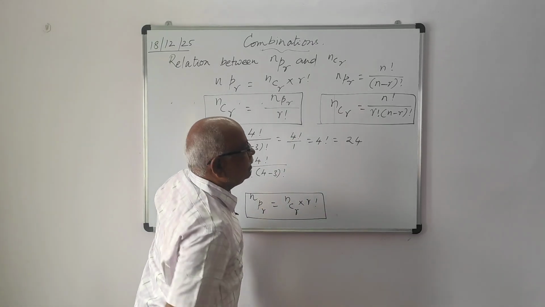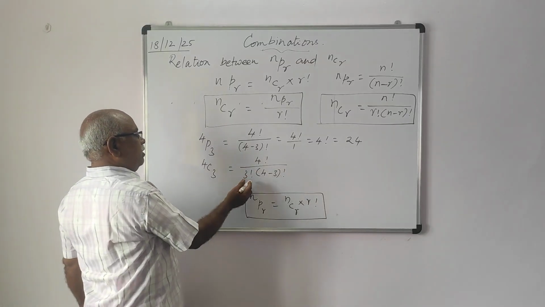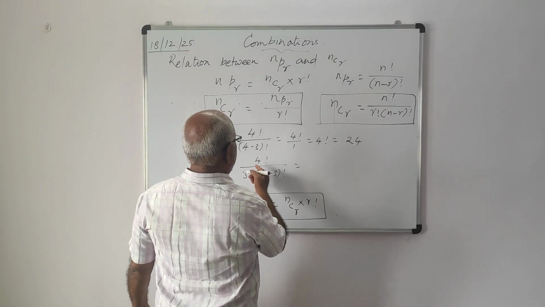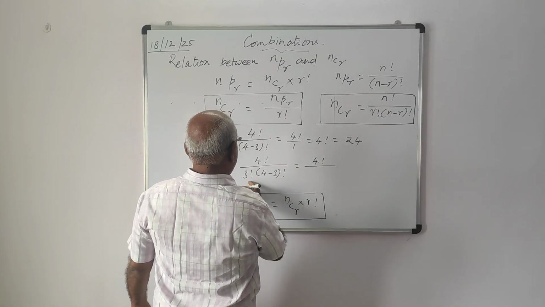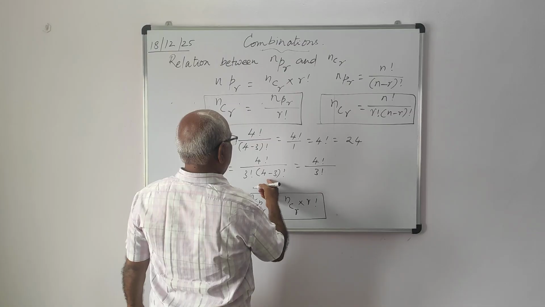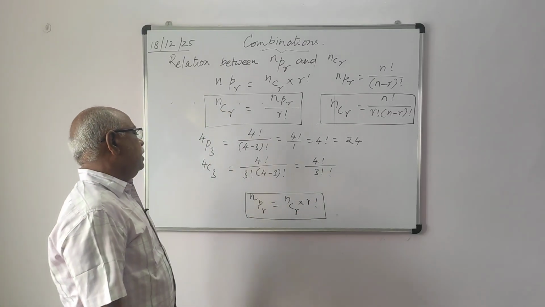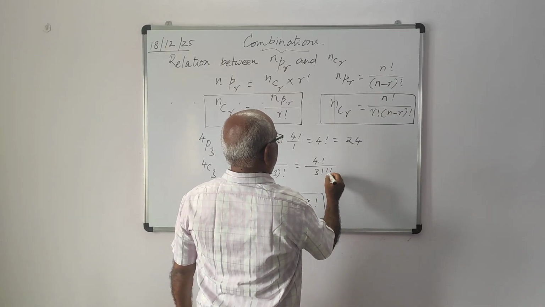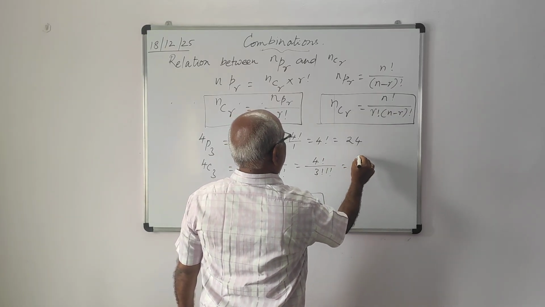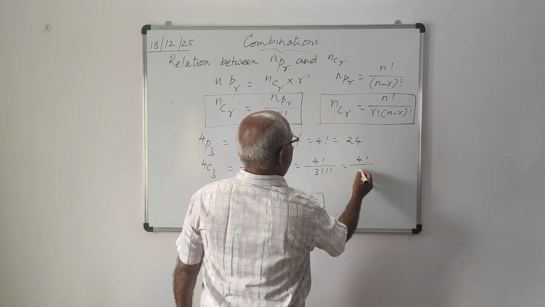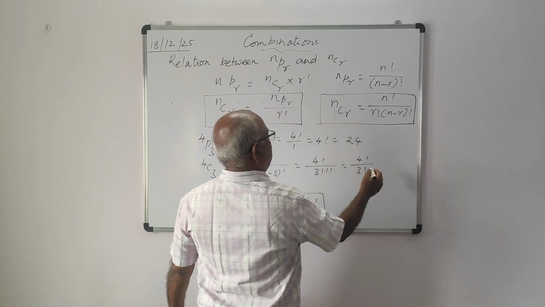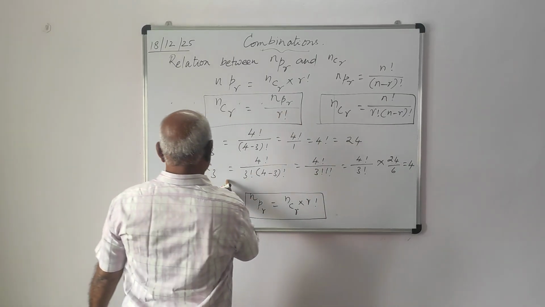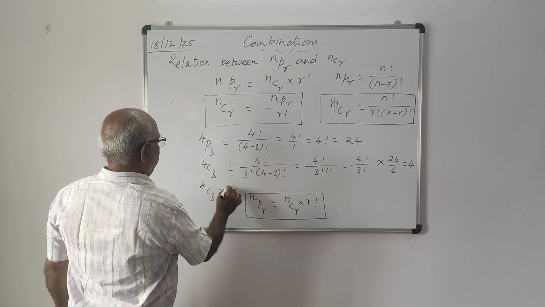That is 4 factorial by 3 factorial into 4 minus 3, which is 1 factorial, and 1 factorial is 1. Therefore 4 factorial by 3 factorial is 24 by 6. Therefore you get 4. So 4C3 we derived as 4 already.